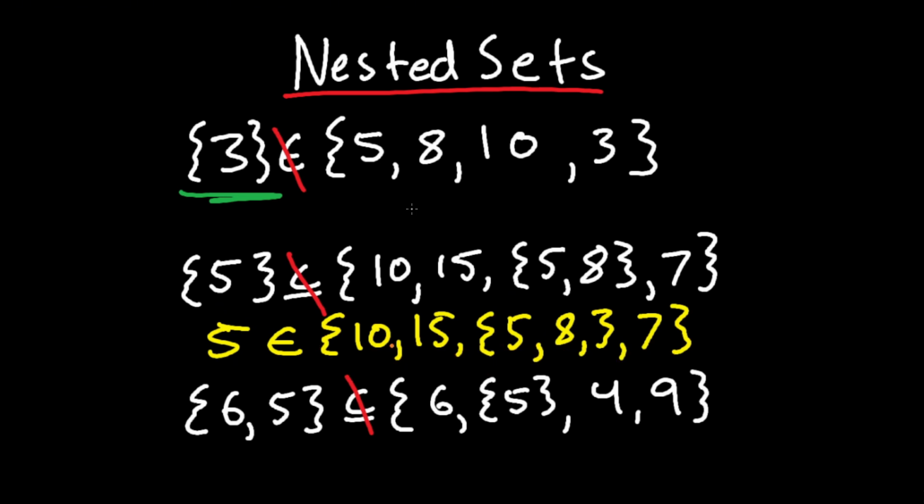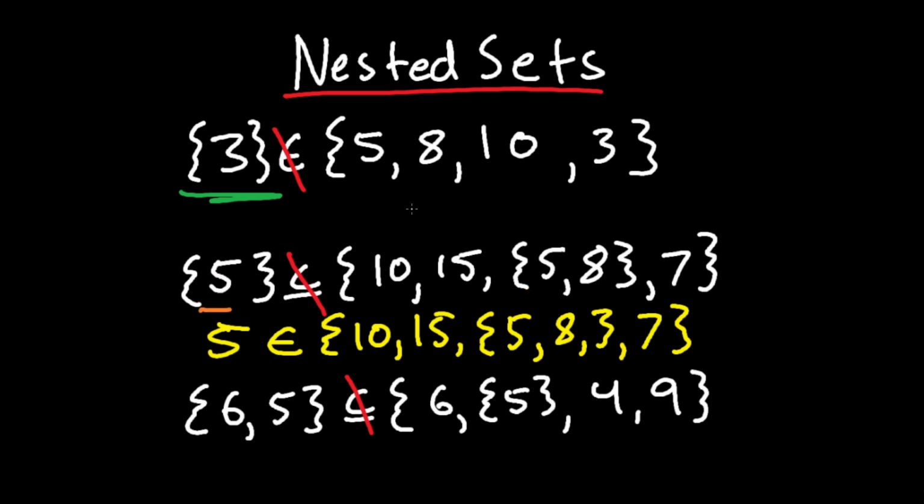Do we see the element 5 among any of the singular values? No, we don't. This entire set, 5, 8, counts as an element of the outer set. So this entire guy counts as one element, right? The number 5 also counts as one element. Is the number 5 equal to this one element? It is not.